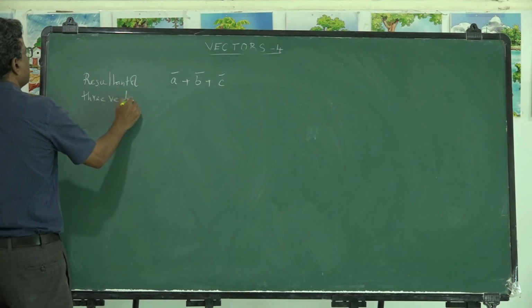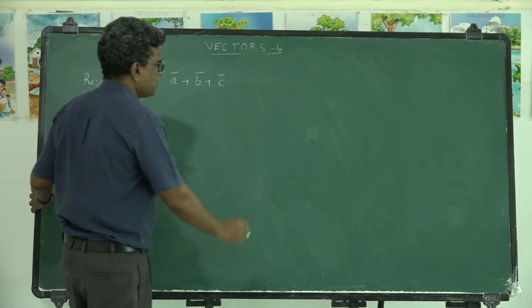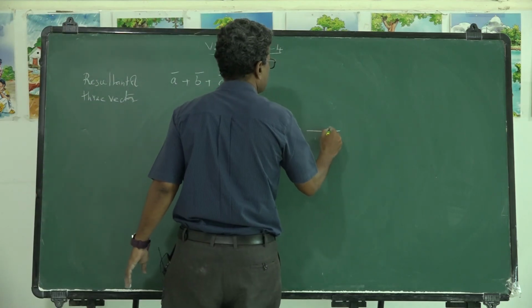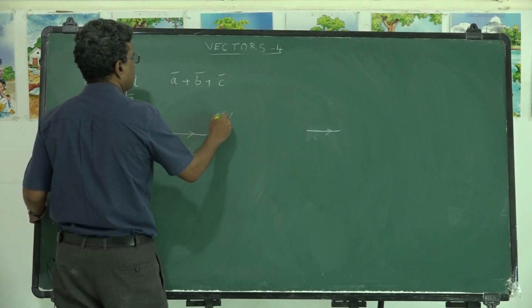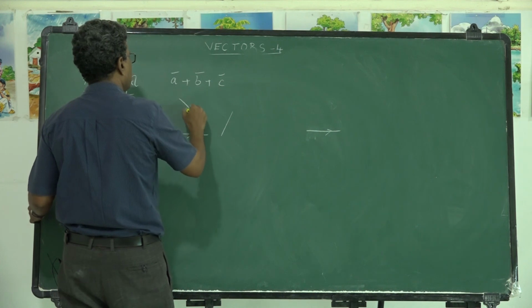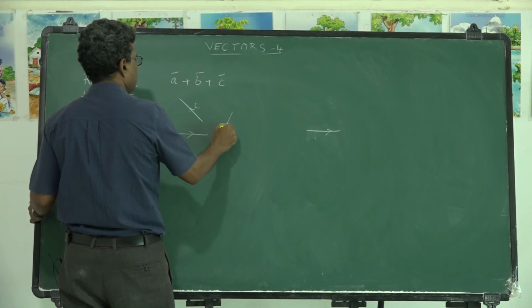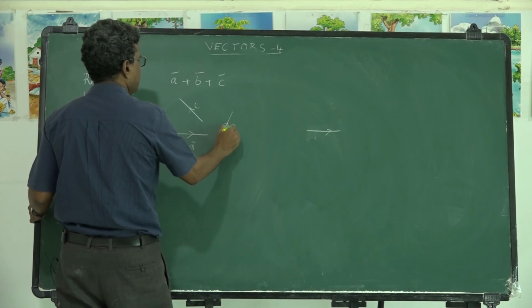How can we add? Draw the first vector as it is. Suppose the first, second and third vectors look like this: A, B, C.